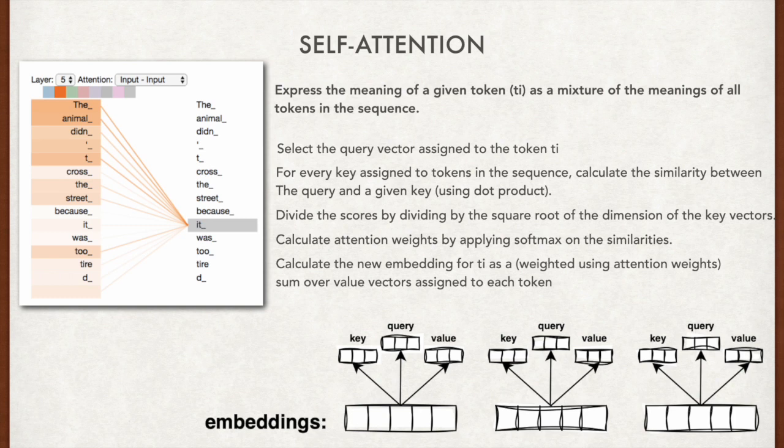The whole process of calculating a new richer representation of a given token Ti consists of 5 steps. First, we select the query vector assigned to the token Ti. Then, for every key assigned to the tokens in the sequence, we calculate the similarity between the query and a given key, using, for example, the dot product.